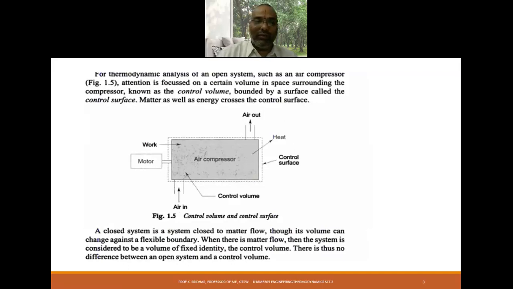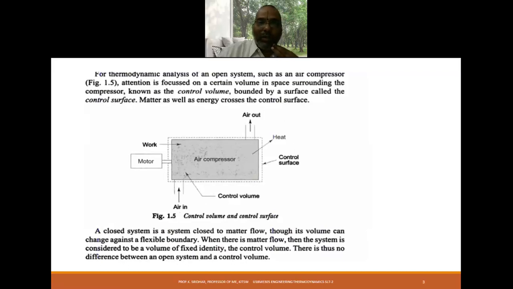Whenever power input is given, the motor will start, and the motor is attached to the compressor by a shaft. The shaft will rotate, and by this the air compressor will start its functioning.